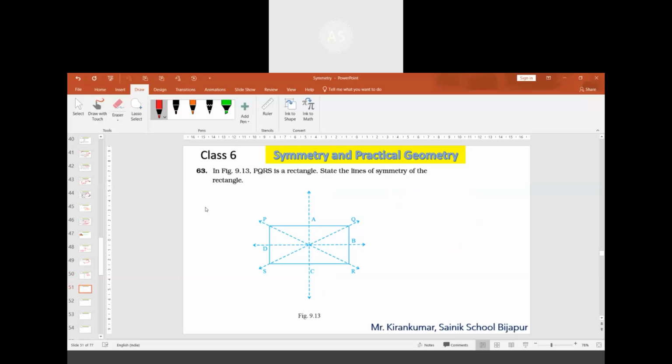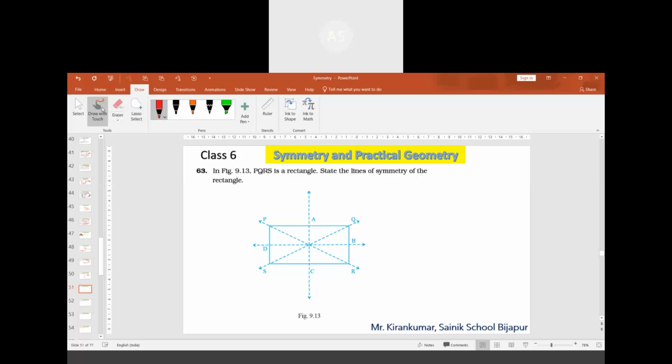Look at this figure. It's a rectangle PQRS. You can observe the lines of symmetry here. How many lines of symmetry are there? Only 2, sir. Which are they?